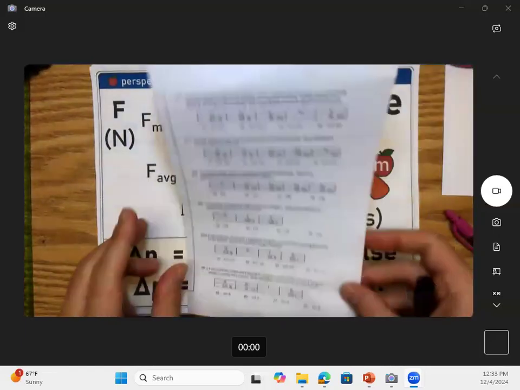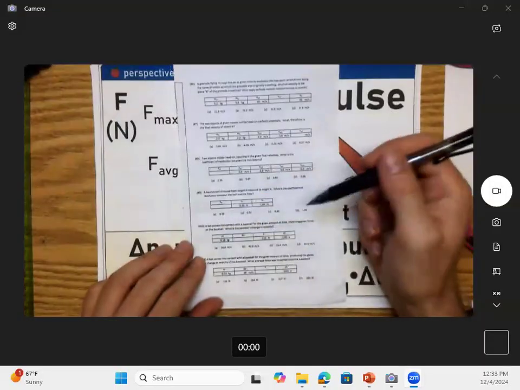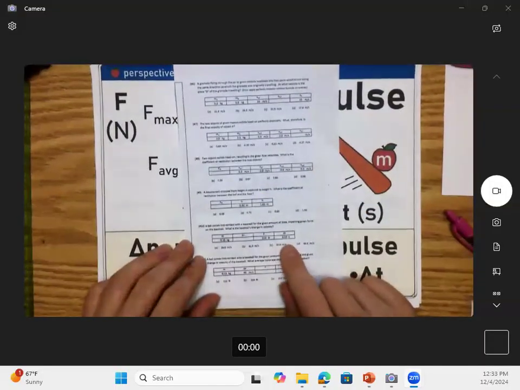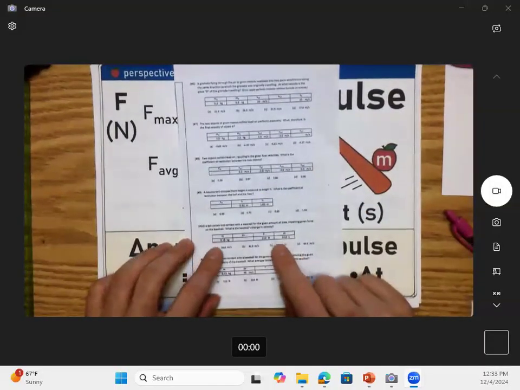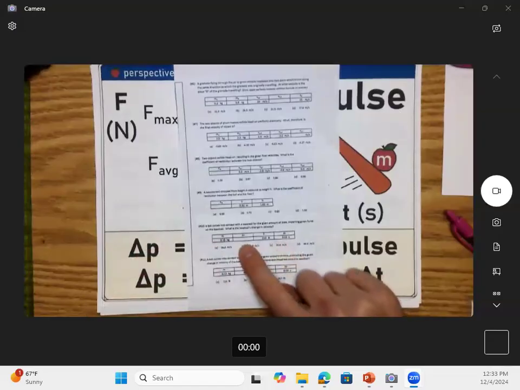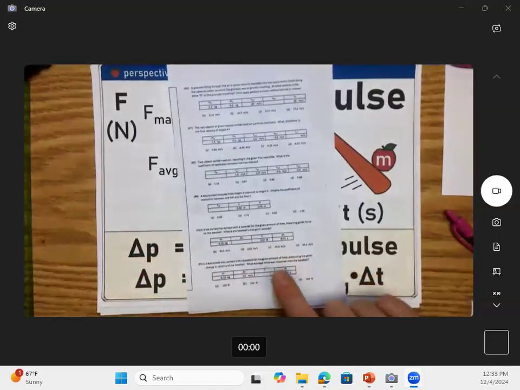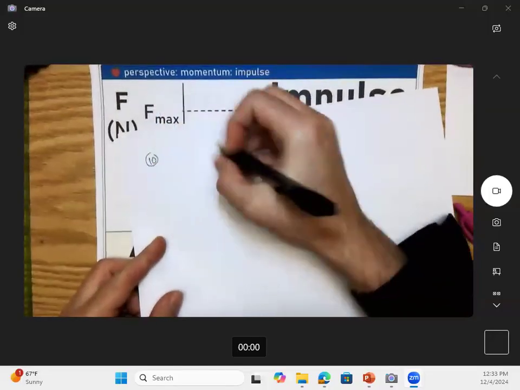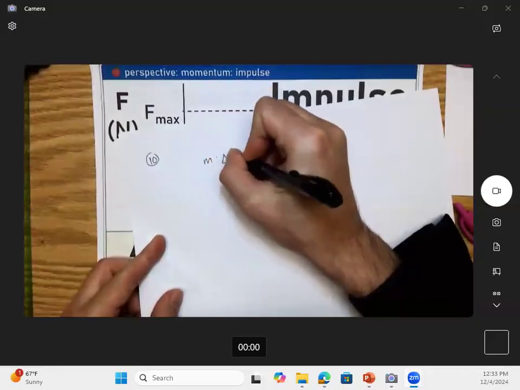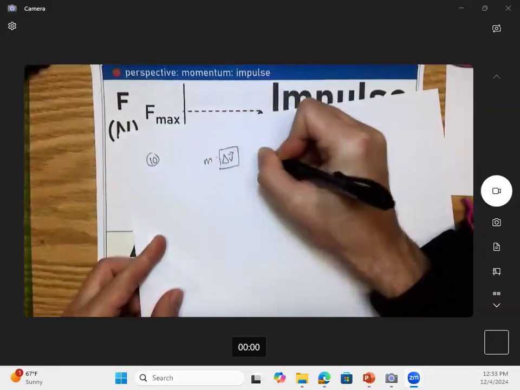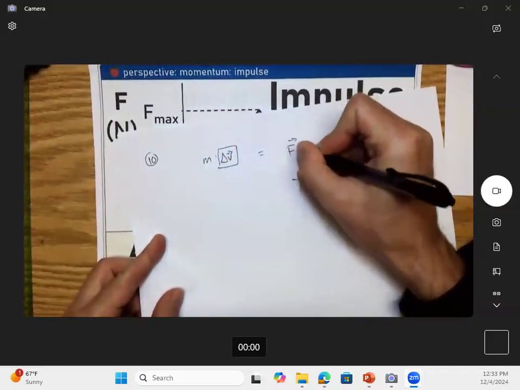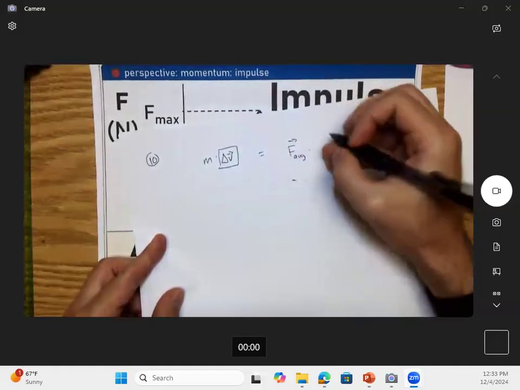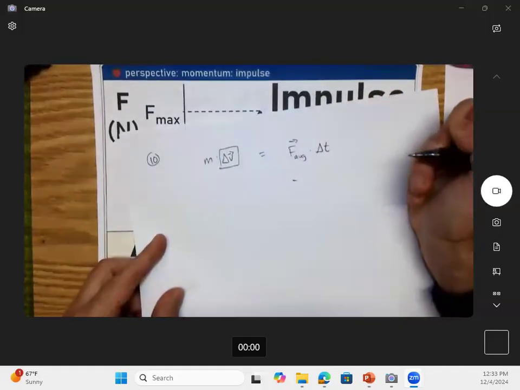Number 10. A bat hits a baseball for some given amount of time, and I told you the force and the mass of the baseball. What is the baseball's change in velocity? So for number 10, mass times change in velocity, which we're solving for, comes from applying a force, really an average force, for some time interval.